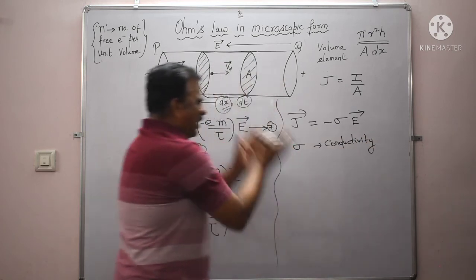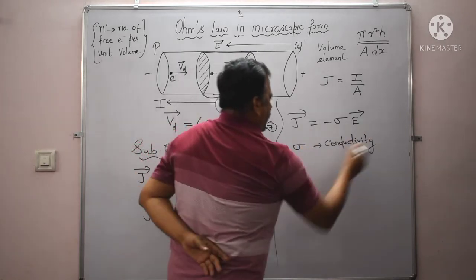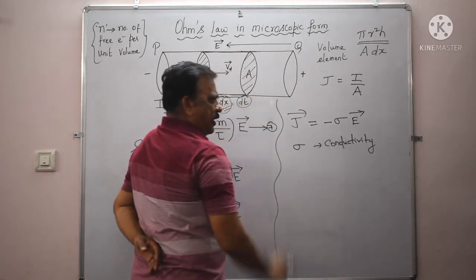We'll see what conductivity is a little later in the next online classes. So sigma is a constant called conductivity.